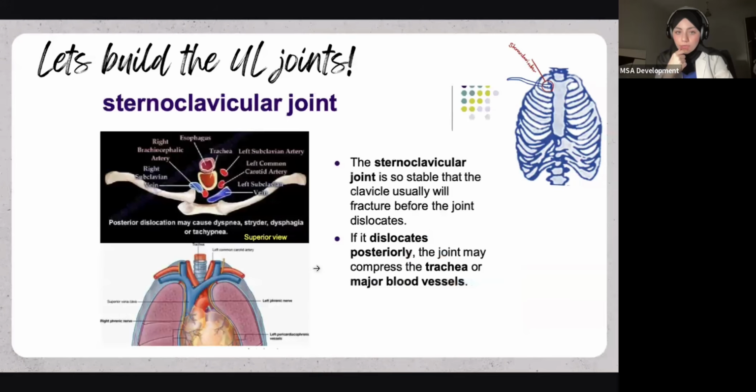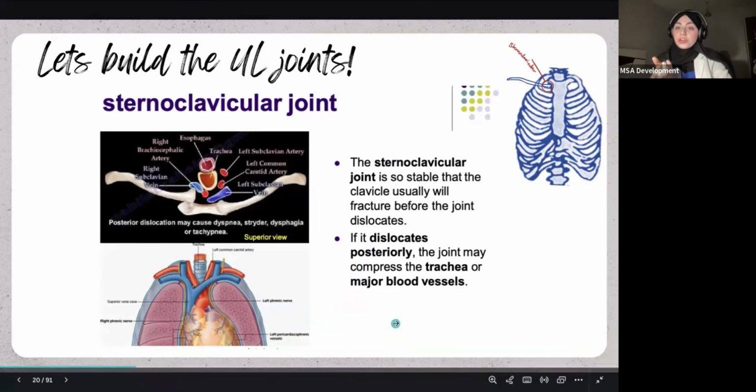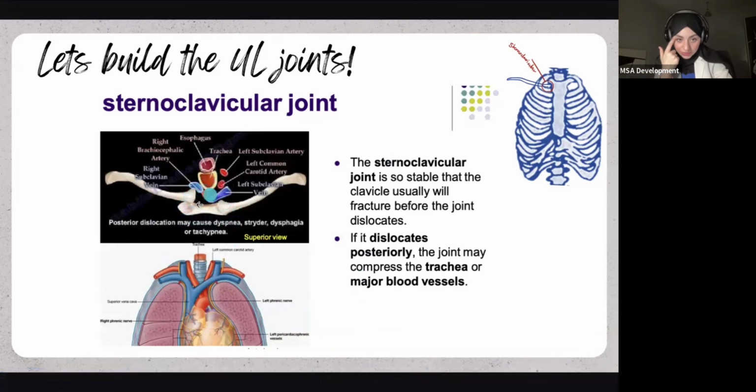Moving on. Sternoclavicular joint, we said that the most common thing that you see, it won't dislocate. Usually the clavicle will just, especially at the middle portion, fracture. But in case it did dislocate, in a trauma directly to the chest, what we'll have is symptoms of difficulty breathing, because I want you guys to observe right here. What do we have directly behind? We have very important structures.